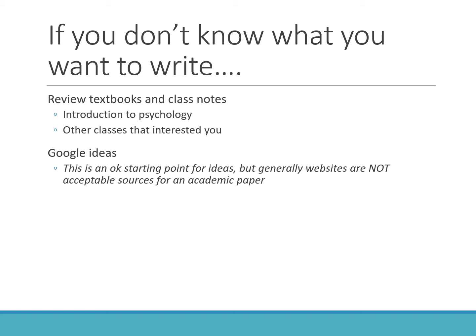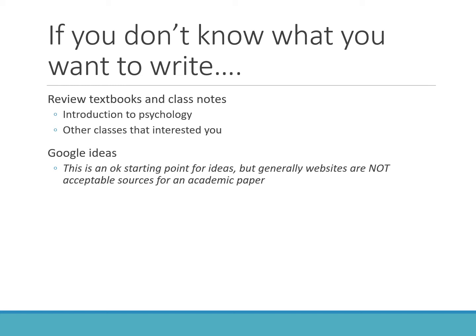So let's say you want to study memory, but that's way too broad of a topic, right? So maybe you start by looking at the Wikipedia article on memory, and you see they talk about different types of memory, and autobiographical memory catches your eye, and then you start thinking about how autobiographical memory might affect eyewitness testimony.